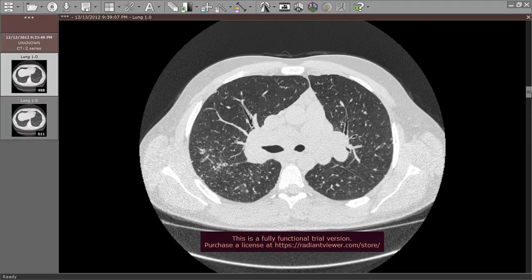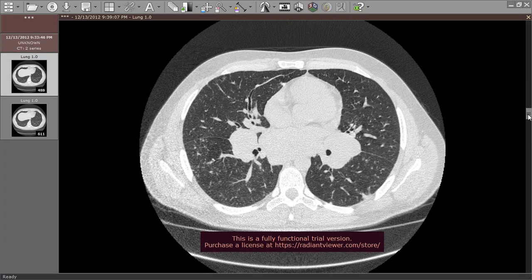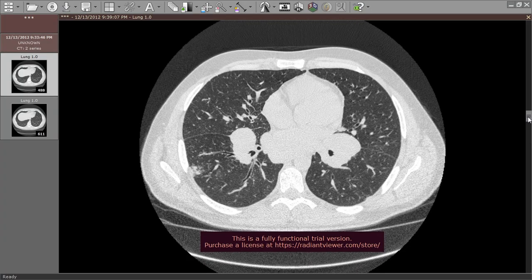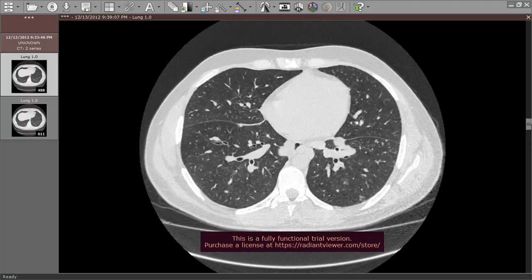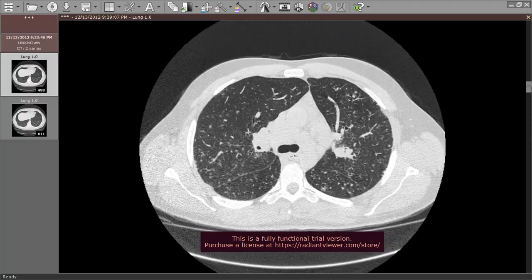Some of them are clustered like this, or like this. This is known for us chest radiologists as what's called the galaxy sign. This is much more with sarcoid disease.